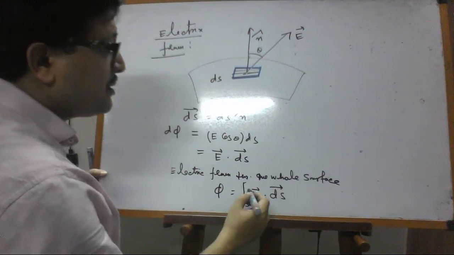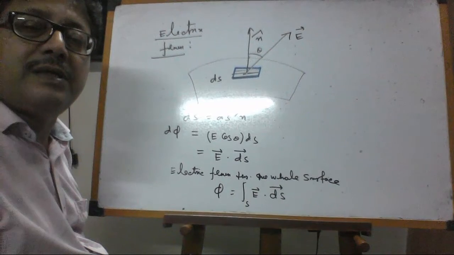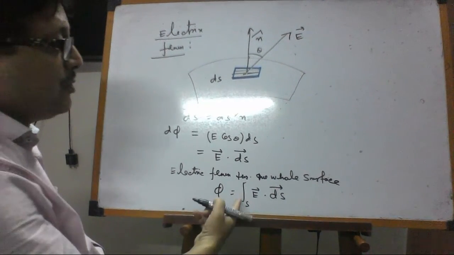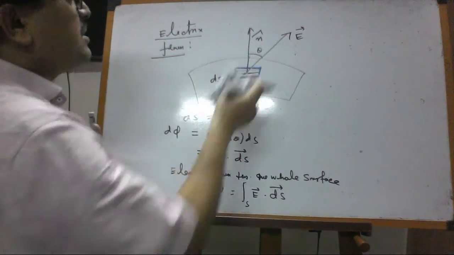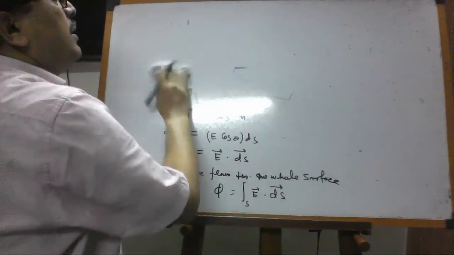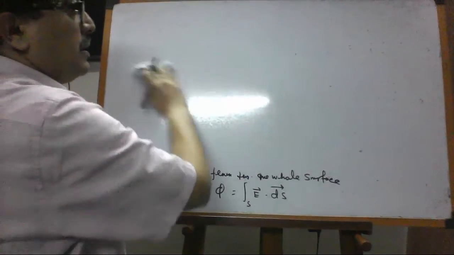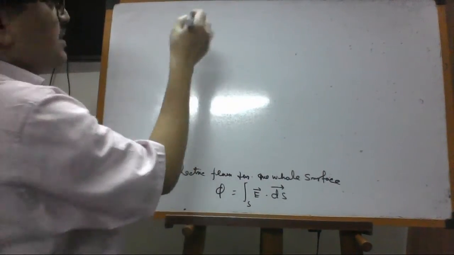We avoid it just by writing this. We will not bring the double integration into consideration. So over the whole surface it is E dot ds. Now several cases will arise. We will discuss one by one how to calculate electric flux. Right now we are going to consider 4 cases one by one.